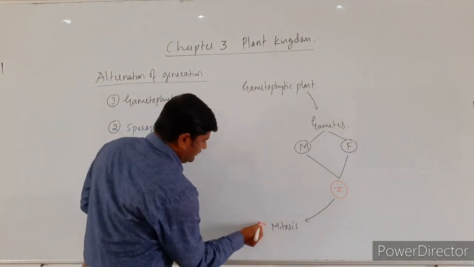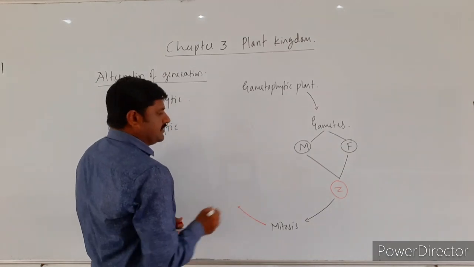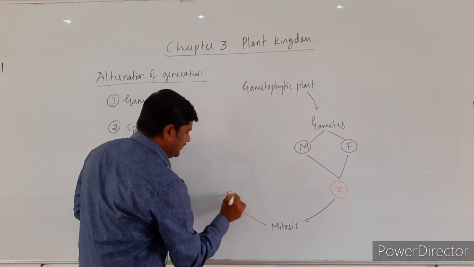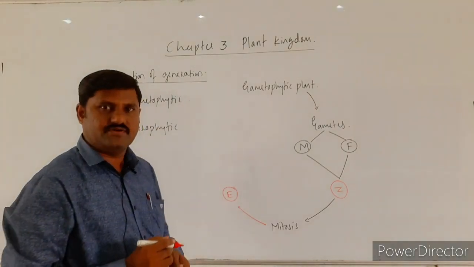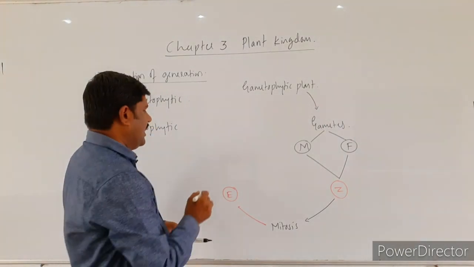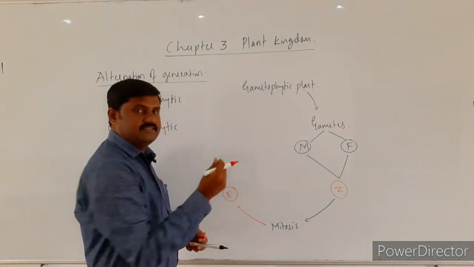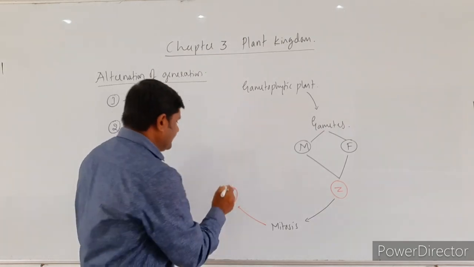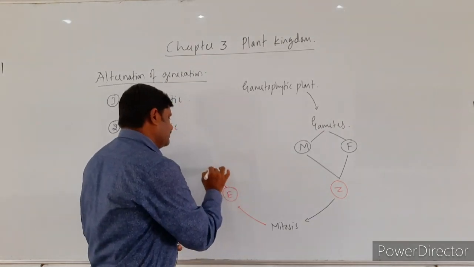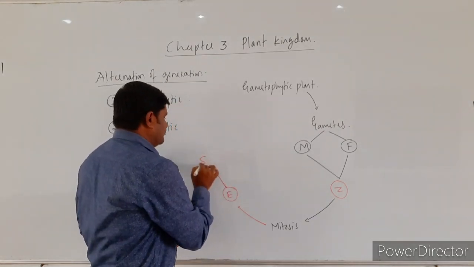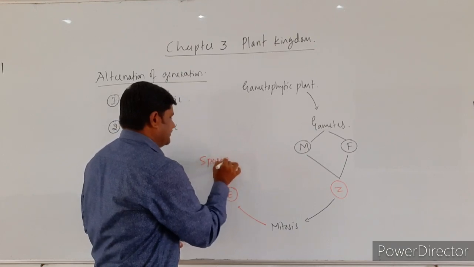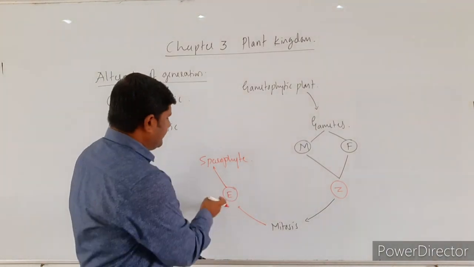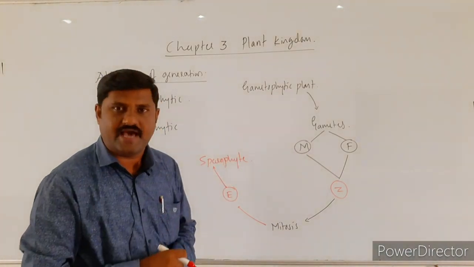After mitosis, this zygote grows into an embryo, and since this embryo is formed, these plants are embryophytes. This embryo grows into another plant, that is the sporophyte. The embryo grows into a sporophytic plant.